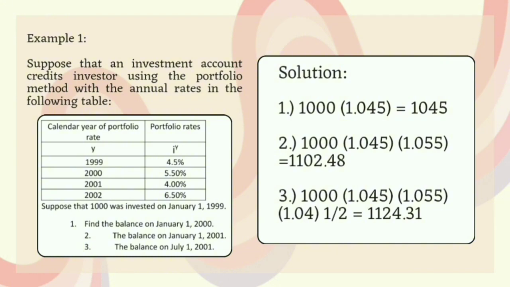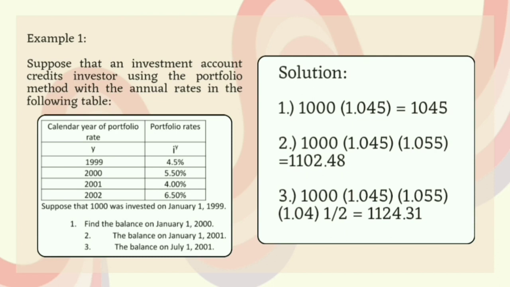The third, 1,000 times 1.045, 1.055 times 1.04 raised to 1/2. It's because from January, February, March, April, May, June, that is the half, and then July is another half.